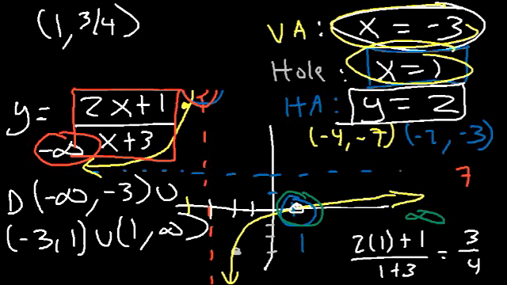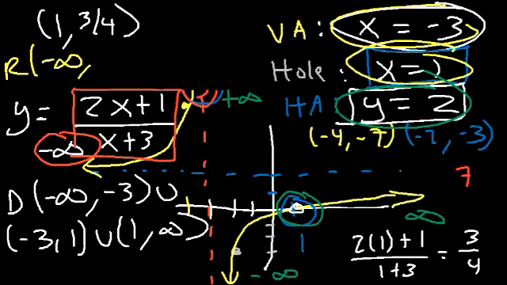So the y value here should be about 3/4. But keep in mind, I just drew a rough sketch. So we need to remove y equals 2 and 3/4 from the range. And keep in mind, the lowest y value is -infinity and the highest is infinity. Therefore, the range is going to be from -infinity to, is it going to be 3/4 or 2? Since 3/4 is less than 2, we're going to reach 3/4 first.